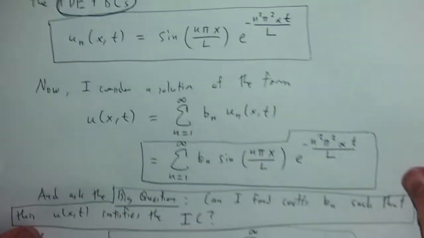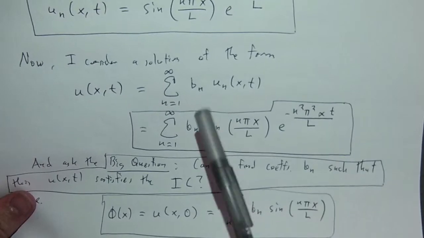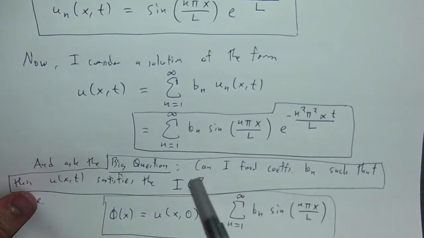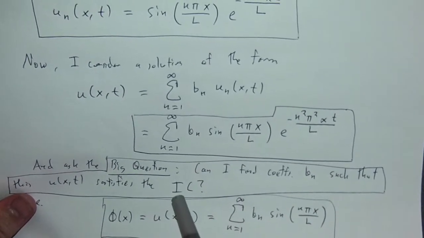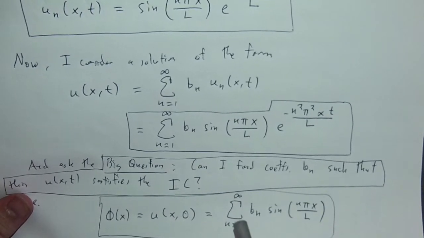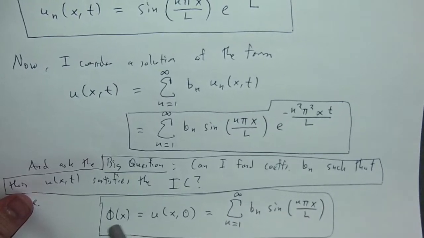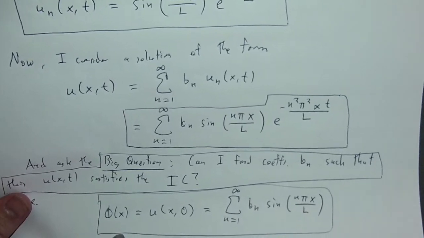We have, through this process, considered that the solution that we seek is of this form, with coefficients b sub n chosen in a way that the initial condition is satisfied, which means chosen such that the sum from n equals 1 to infinity of b sub n sine of n pi x over L is actually equal to that initial data function phi.